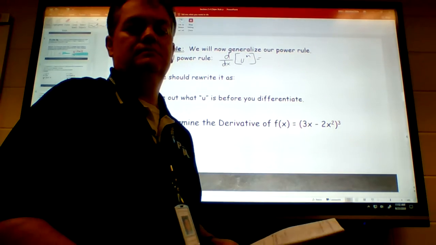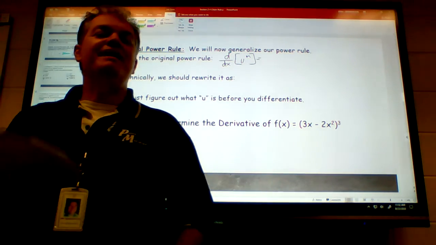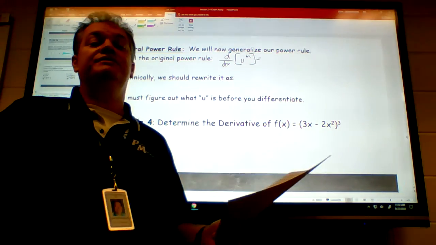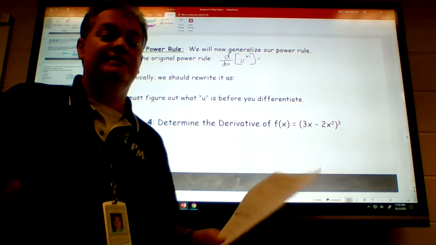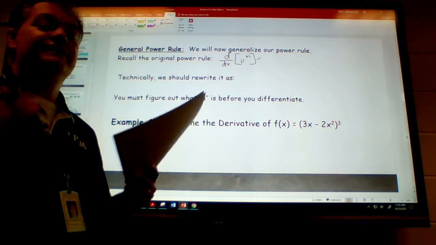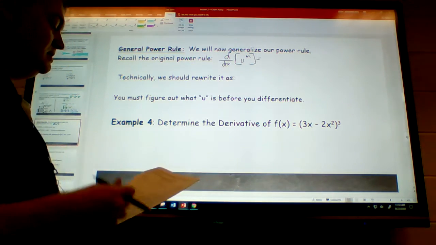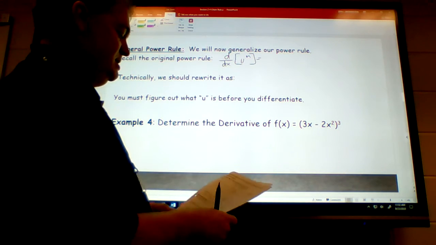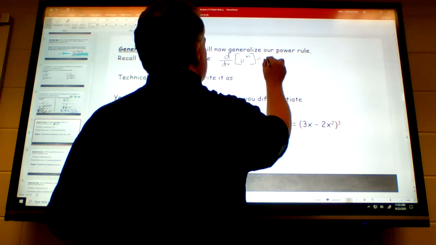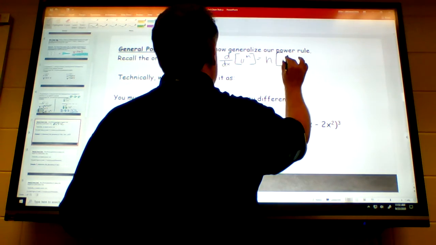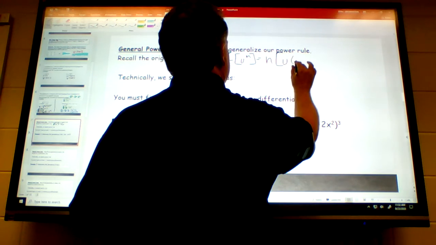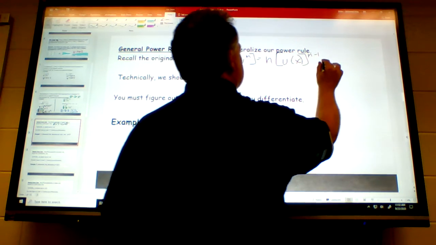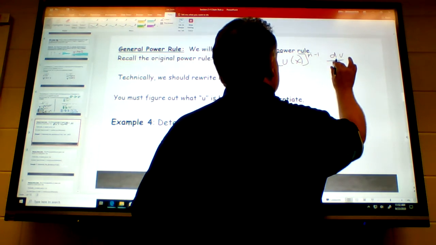Okay, this next part may make this a little easier for you to understand. And if it's confusing, I completely understand, because it confused me the first couple times I learned it. So if you're confused, that's perfectly all right. It just takes some practice. Now, the derivative in terms of x of u to the n equals, and I'm going to write this out for you, n times u of x to the n minus 1 times du over dx.